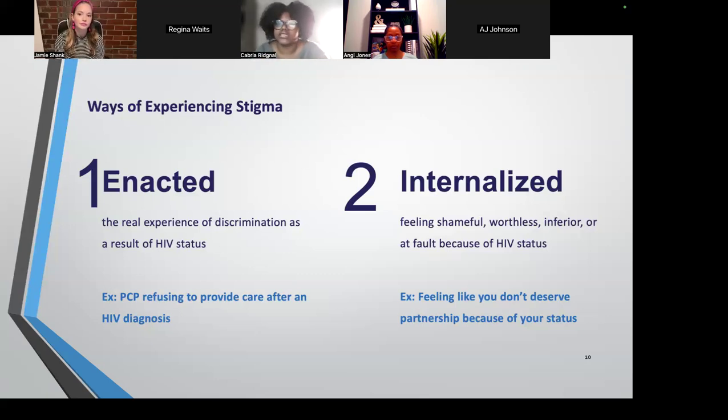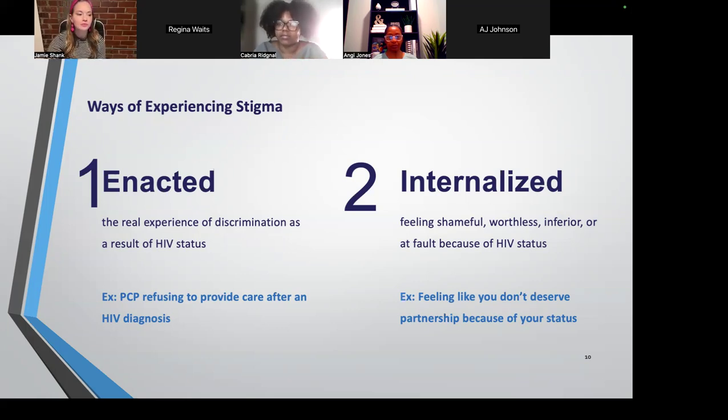The next one is internalized stigma. That's more of an interpersonal thing. And so that's someone that experiences stigma, whether it be on the prevention side or whether it be on the care side as well. I've heard several different instances where people are afraid of even getting into PrEP care due to some of the backlash that they could receive.